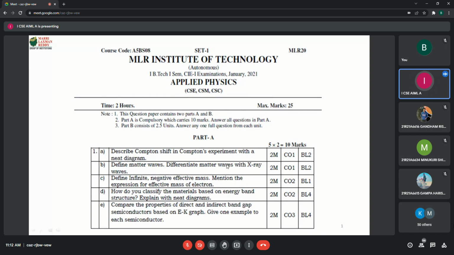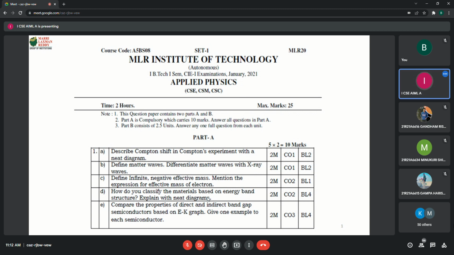So that is from unit 2. Now you see here what was asked. How do you classify the materials based on energy band structures? Explain with neat diagrams. Any idea what you have to write? Conductors, insulators, and semiconductors, and their energy band gaps.